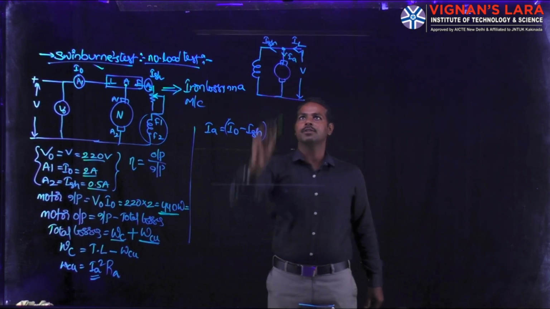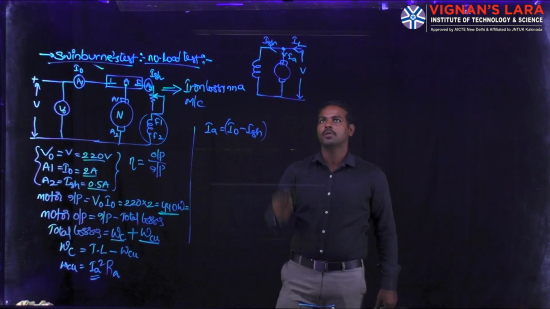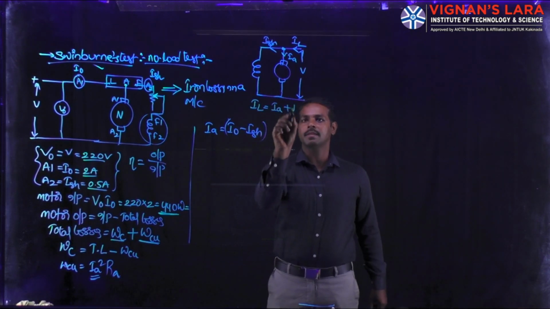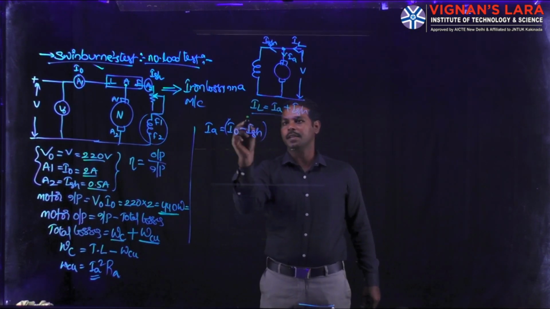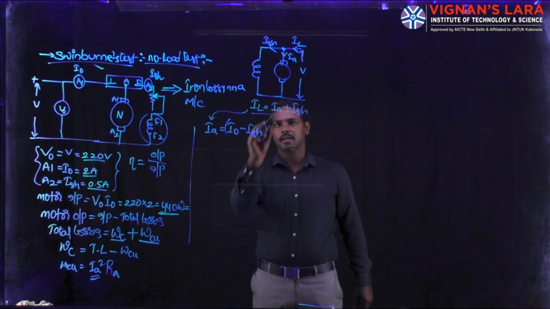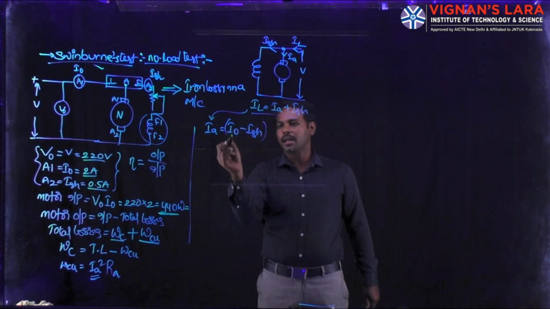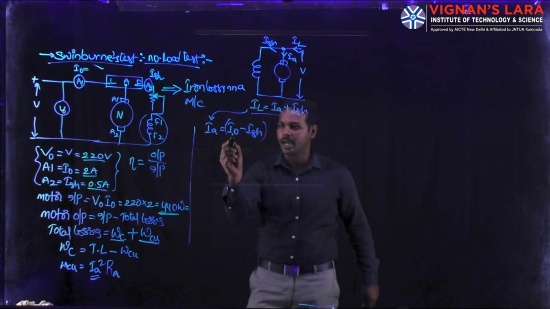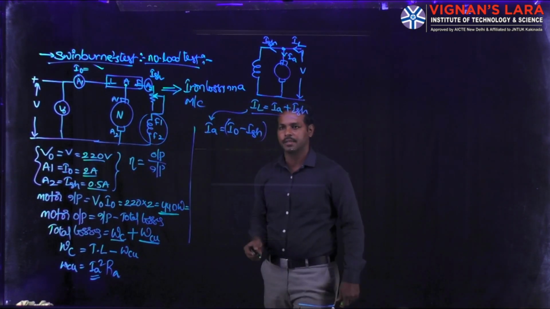Applying KCL, incoming currents equal outgoing currents, so IL is equal to IA plus ISH. From this equation, IA is equal to IL, and the line current is denoted by I naught, so IA is I naught minus ISH.